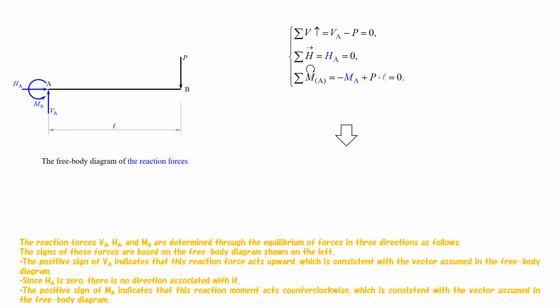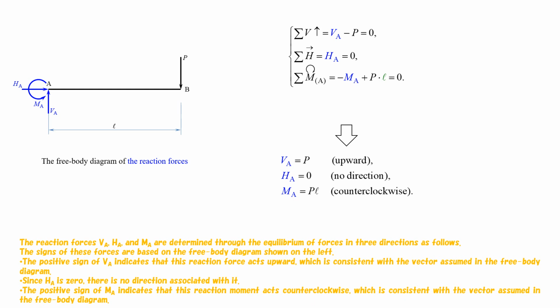The reaction forces, VA, HA, and MA, are determined through the equilibrium of forces in three directions, as follows. The signs of these forces are based on the free body diagram, shown on the left.